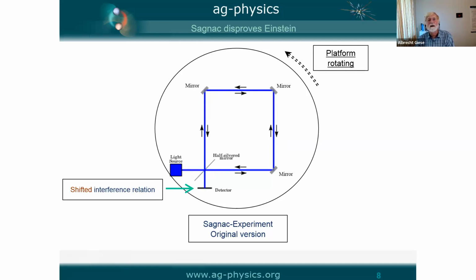And the other one, opposite to the motion, needs a shorter time. And so this rotation is indicated by a change of this interference picture.